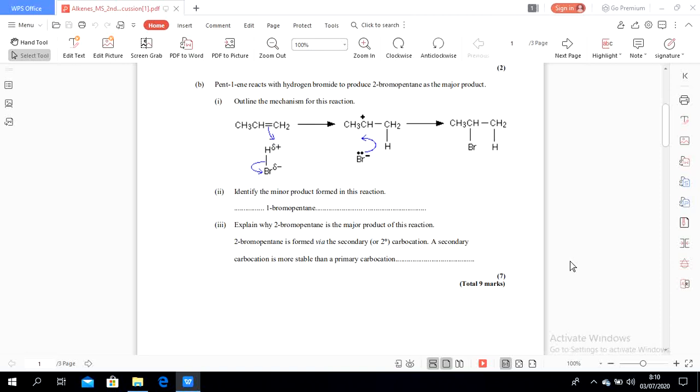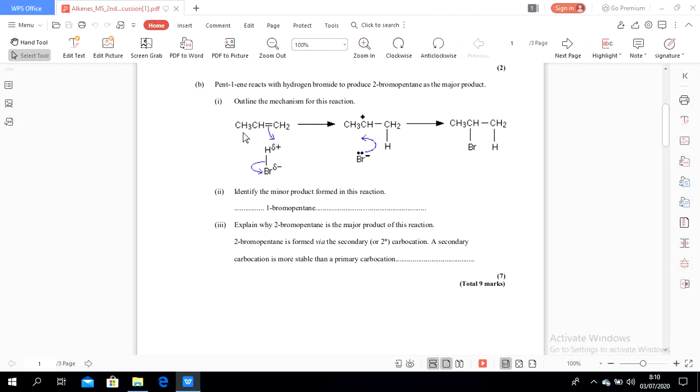And then part B number 3. Explain why 2-bromopentane is the major product. 2-bromopentane is formed via the secondary carbocation. Look at over here. After the high electron density, we can see there is an alkyl group over here.